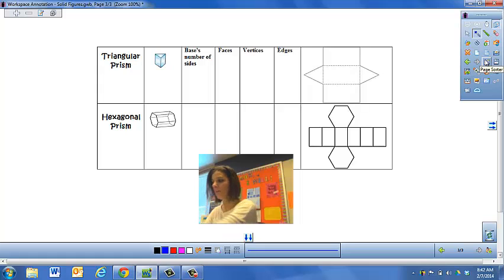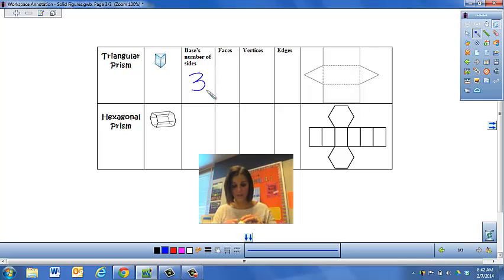All right, let's look at the next shape. The next shape is a triangular prism. Here is a picture, and you have one on your note sheet. The way I know that is, once again, it's identified by the base, and the base is a triangle. So the base's number of sides is 3.